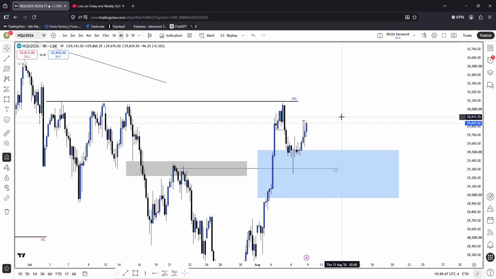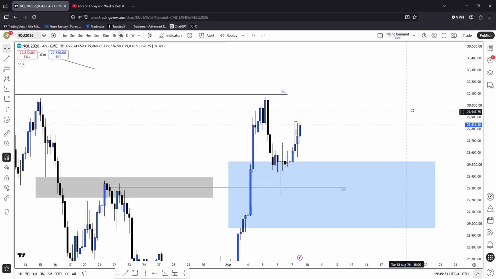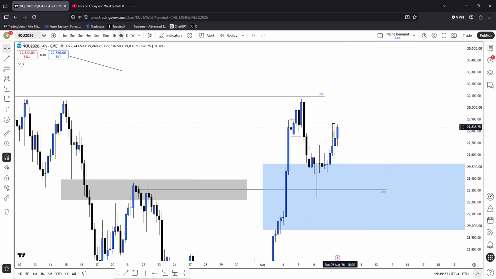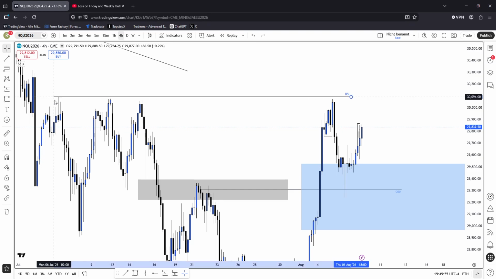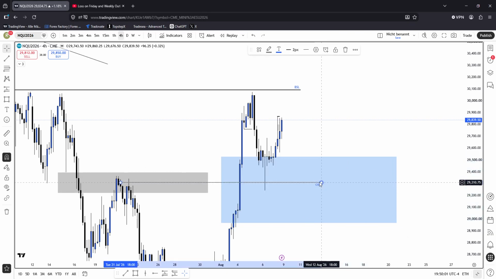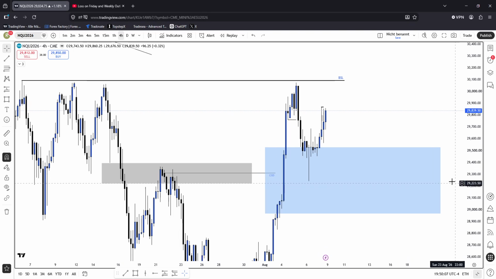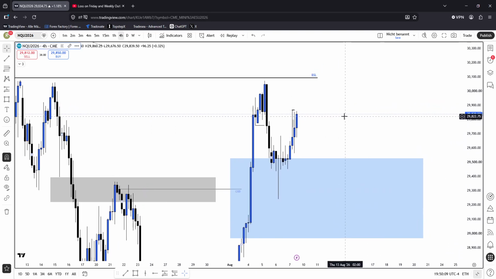And yeah, pretty much looks like it. That's our draw on liquidity going into Monday or Tuesday, depending on the economic calendar, which we will look at in a moment.